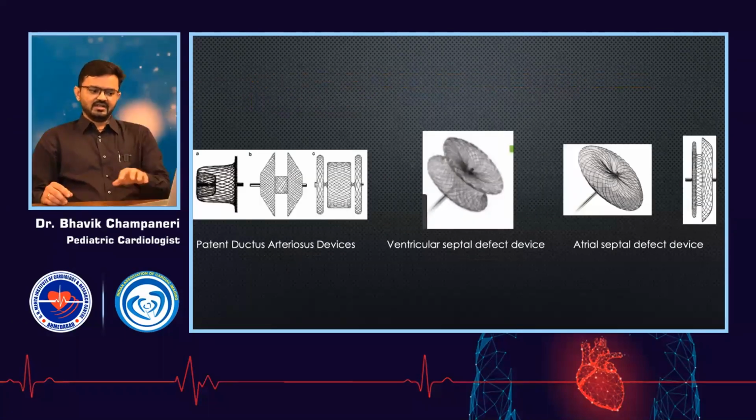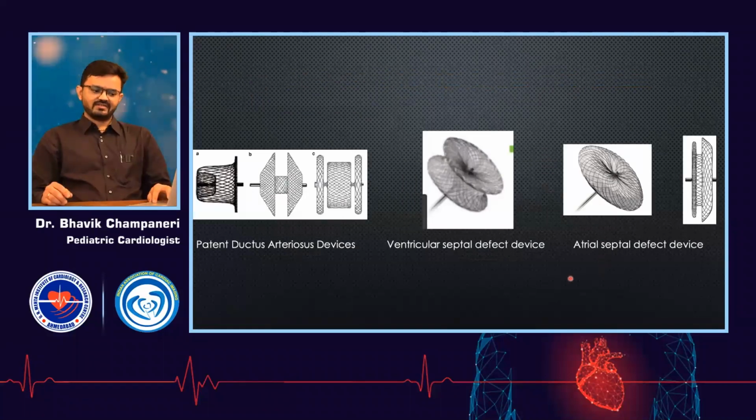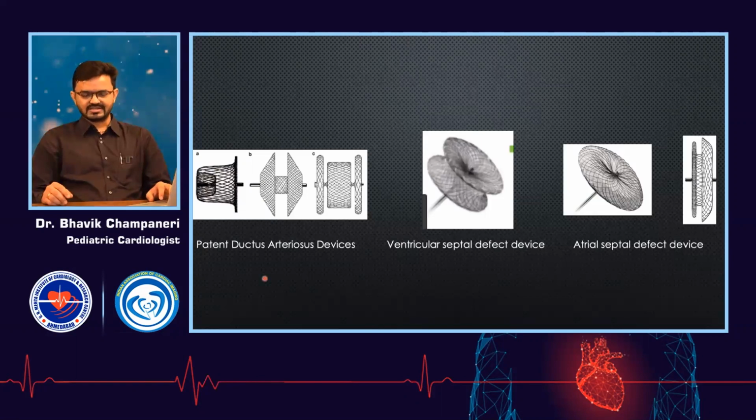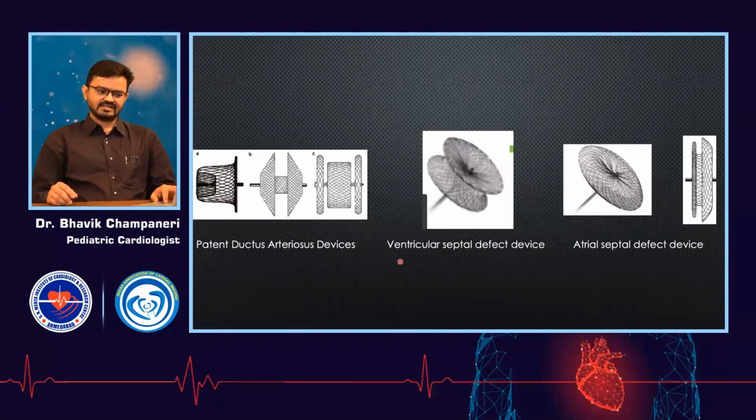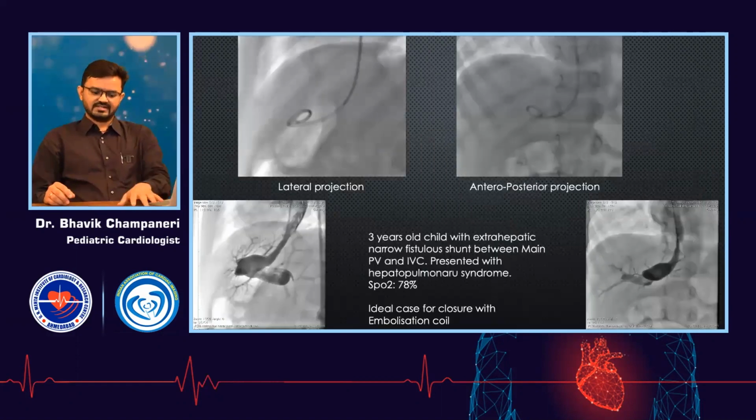Being pediatric cardiologists, we are well versed with various devices used in patients with congenital heart disease, and because of that advantage we have been consistently using these devices in closure of portosystemic shunts as well. Those include patent ductus arteriosus devices, ventricular septal devices, and atrial septal defect devices.